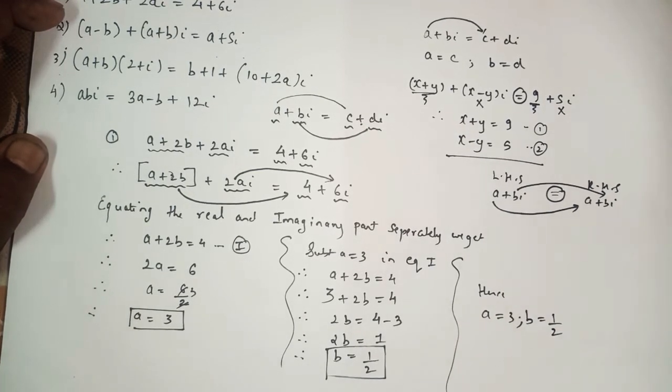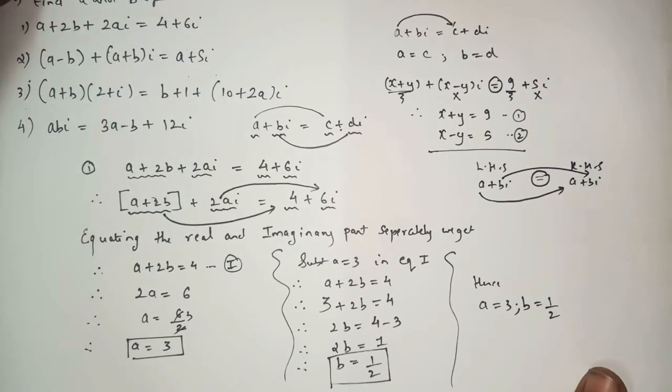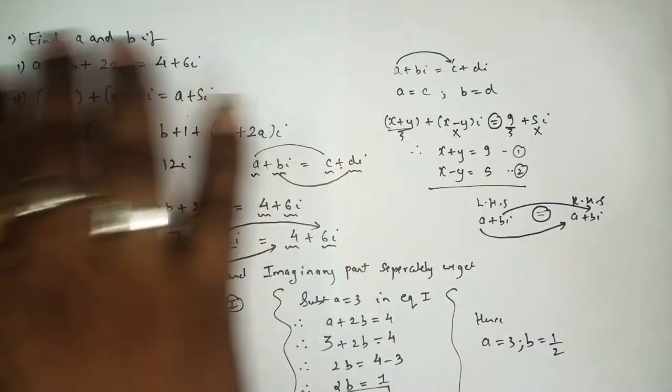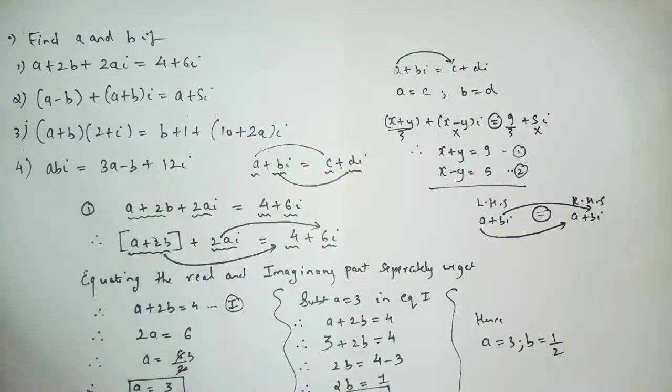So in this way you have to present your sum and find the answer for a and b. Simply, the question says you have to find a and b if we have such a condition.